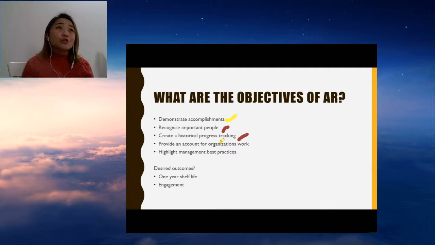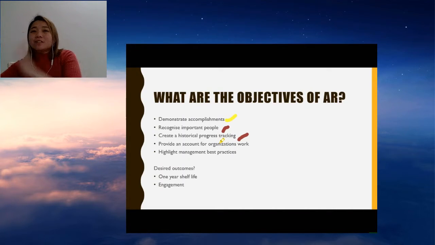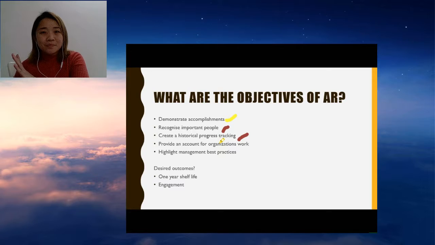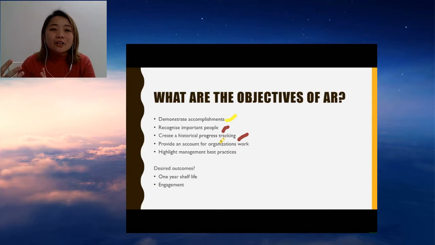When you see the annual reports of a company from 2014, 2015, 2016, 2017, 18, 19, 20, every annual report tells you a different story. Every annual report shows you how the company has grown over the years.